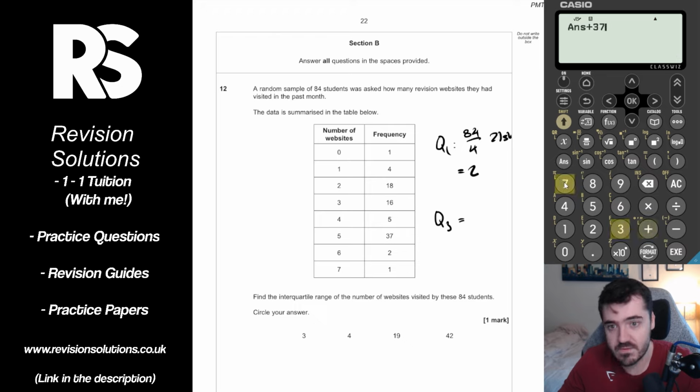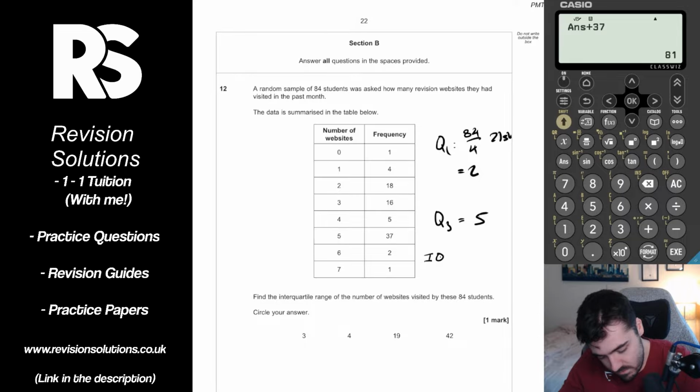We've gone way past what we were looking for. So it's in this group here, the third quartile, and again they're all just 5 for their value. So that's going to be the third quartile. So then IQR is just 5 minus 2, which is 3.